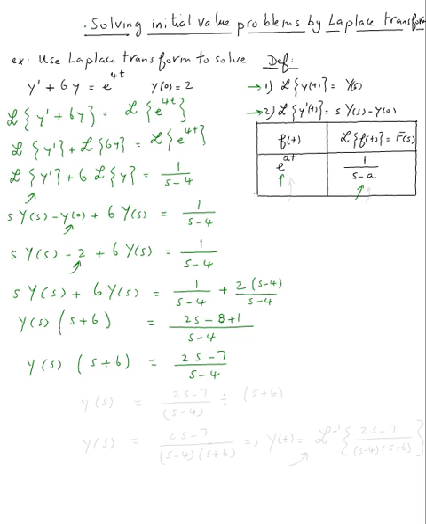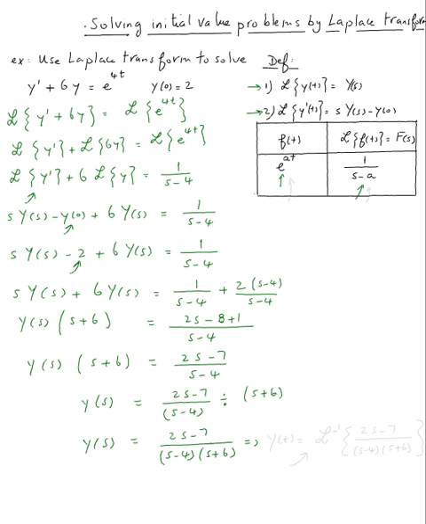Now for y of s, we divide by s plus 6. Division means multiplication by the inverse, which means it's going to go down, so it's 2s minus 7 over s minus 4 times s plus 6.